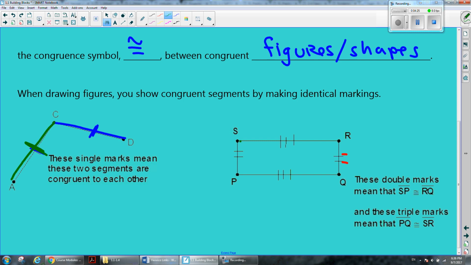Over here, if we look at segment SP, since it has two tick marks on it, it's congruent to segment RQ since it has two tick marks. Then segment SR with 1, 2, 3 tick marks is not congruent to SP or to RQ. It's only congruent to PQ since they have the same amount of tick marks.